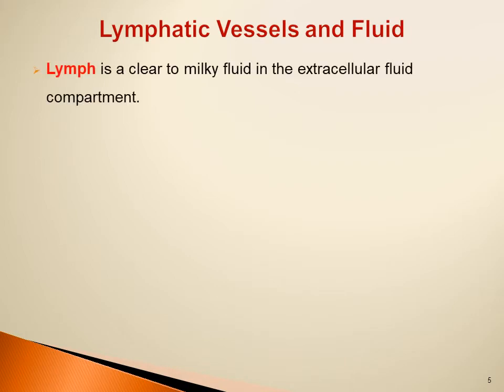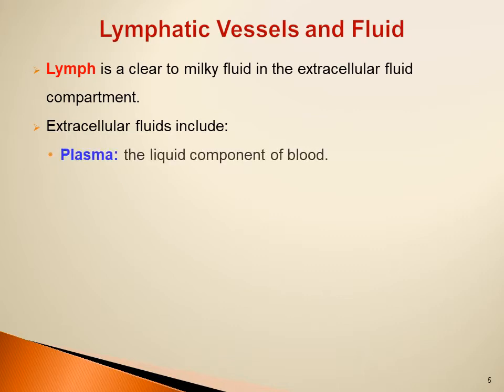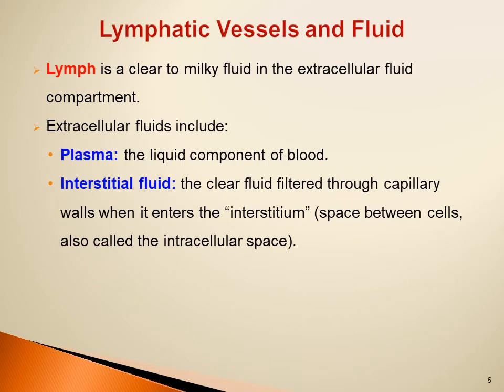Lymph is a clear to milky fluid in the extracellular fluid compartment. Extracellular fluids, as you remember, include plasma, the liquid component of blood, and the interstitial fluid, which is the clear fluid filtered through the capillary walls when it enters the interstitium.